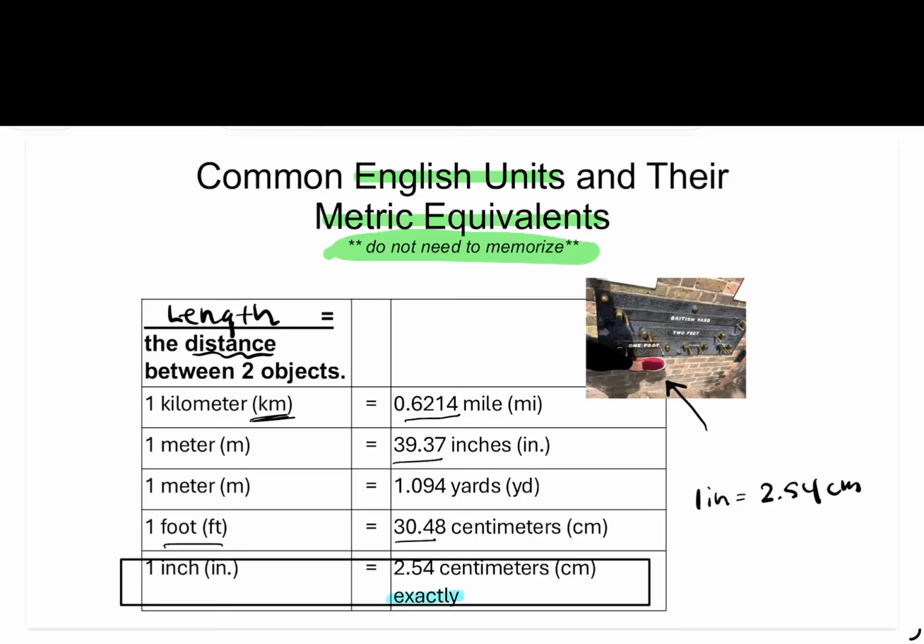What that means is that this is a definition. So all of the metric prefix multipliers, all of those conversions are defined, and they will never impact the significant figures in your final answer. That is the same case for 1 inch equals 2.54 centimeters exactly.